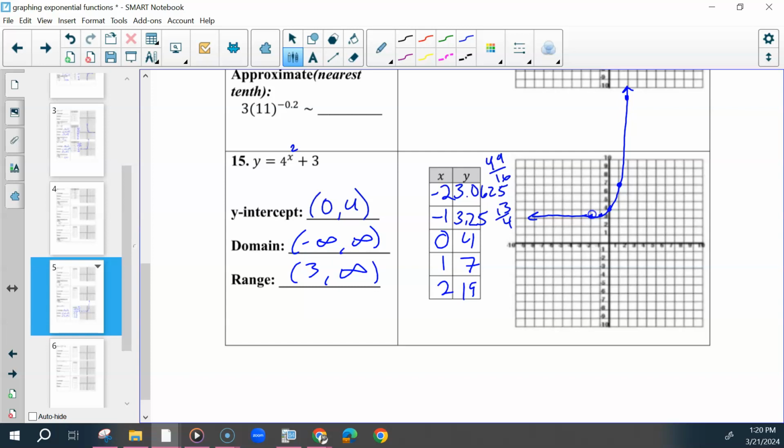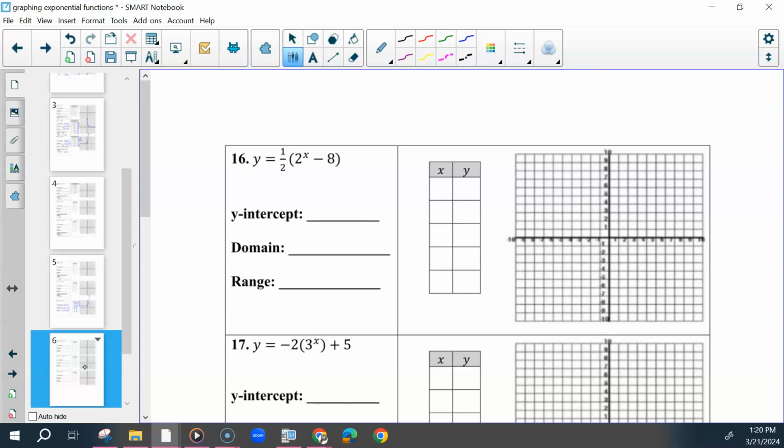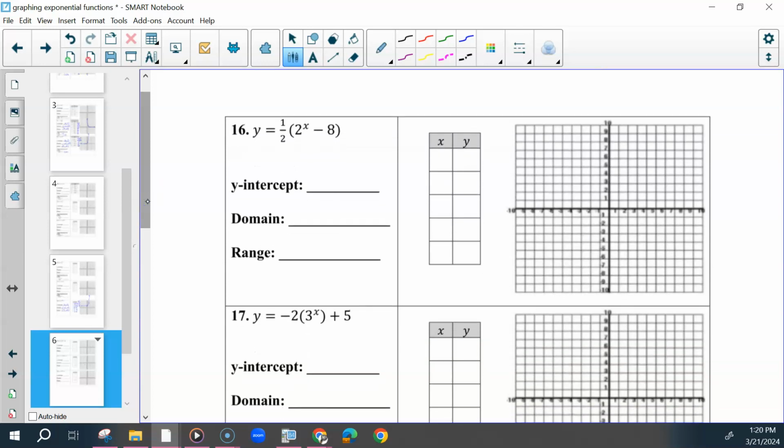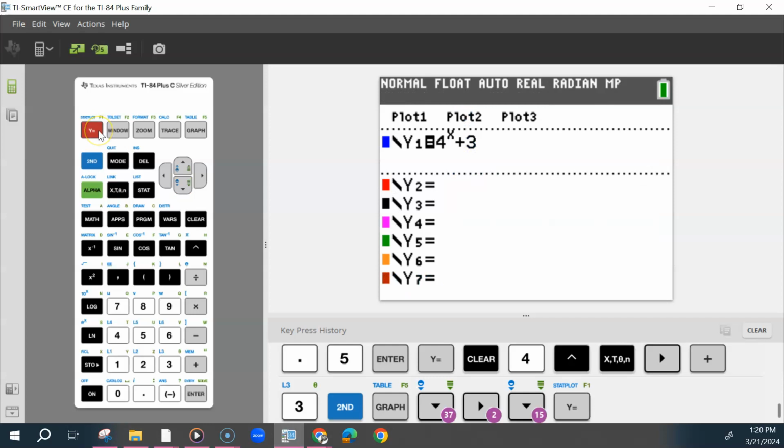And then we're going to do one more of those, and then you'll have time to practice on your own. So in 16, there's a lot of different things going on. So again, I'm going to keep the 5 x values, 0, -1, -2, 1, 2. And then I'm going to put that into my calculator to find what those values would be.